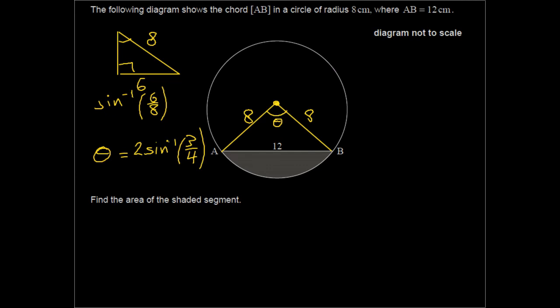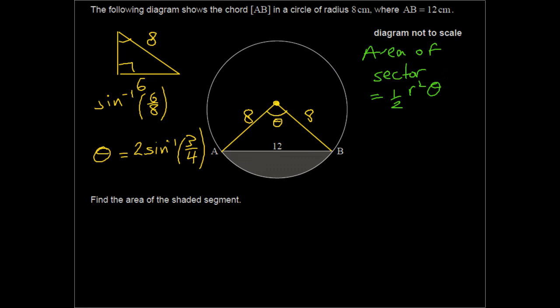Then, in order to work out the area of the sector, it is equal to 1/2 r squared theta, when theta is in radians. So I can work out what that is.